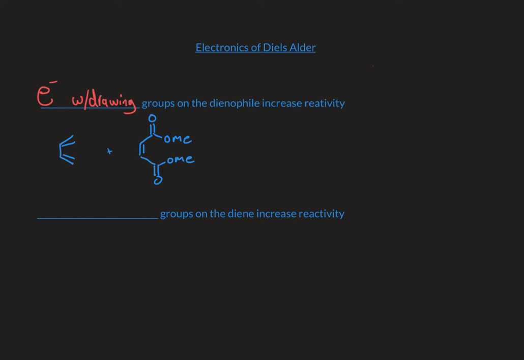You've also got some resonance that can happen when this pair of electrons goes up there and that pair of electrons goes there. You generate a resonance structure that looks like this, which makes this carbon down here more electropositive.